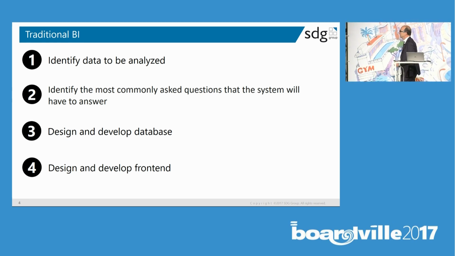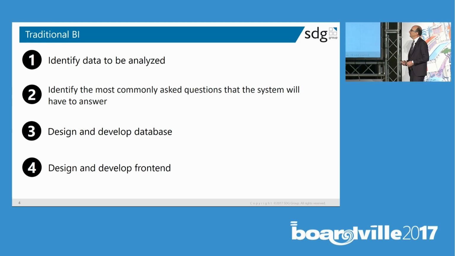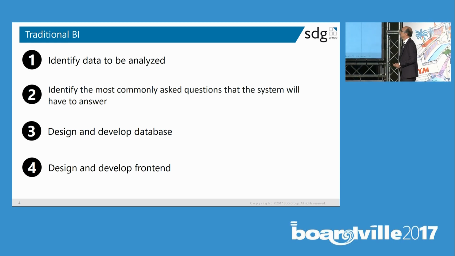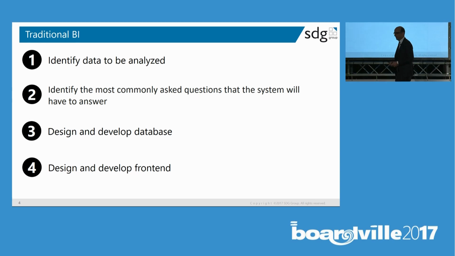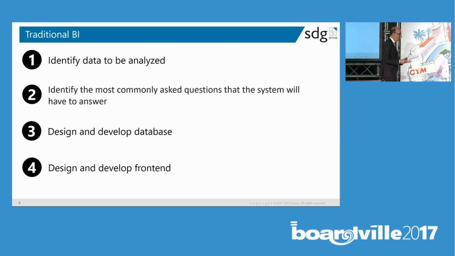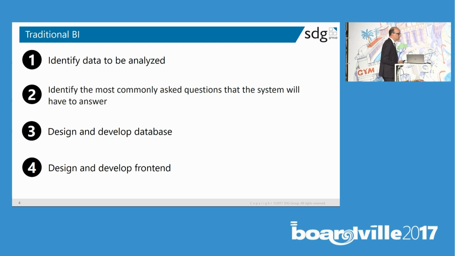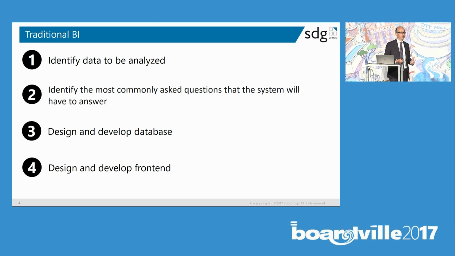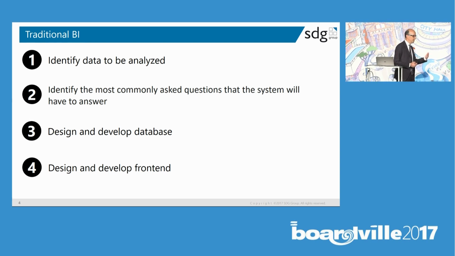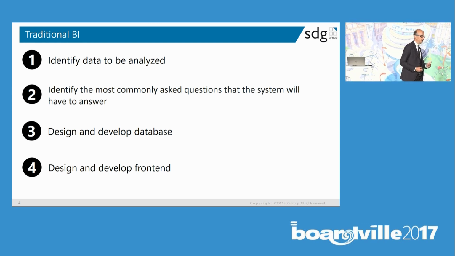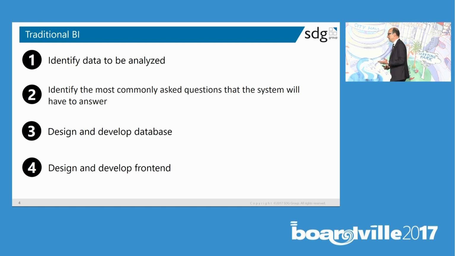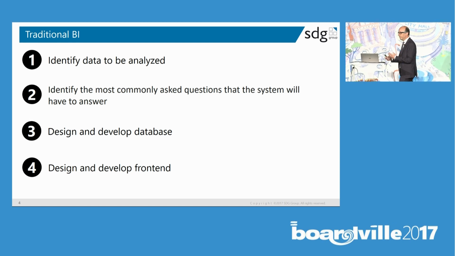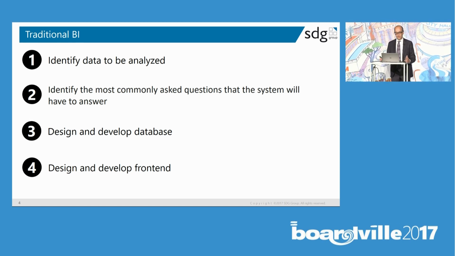The second point is to identify the most commonly asked questions that the system has to answer. In this case, we talk about the dimensions. So we know that sales could be seen by customers, by product, by month, by delivery channel, and so on.